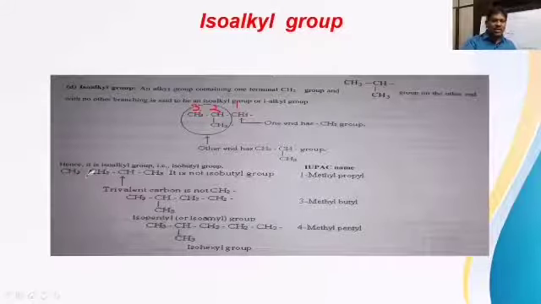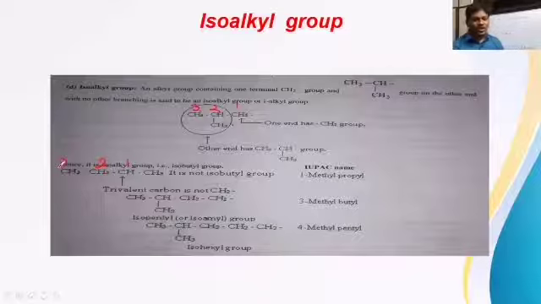And next, check it here. CH3 bond, CH2 bond, and a CH free bond. This bond is a free bond on the CH. In this case, the free bond is present on this carbon, so this carbon should be called the first carbon, this the second carbon, and this the third carbon. So 3 carbons are continuously arranged.